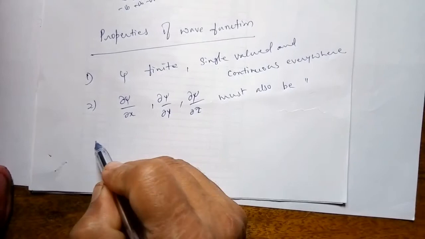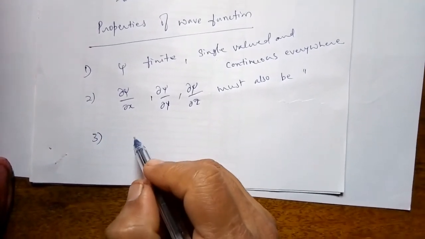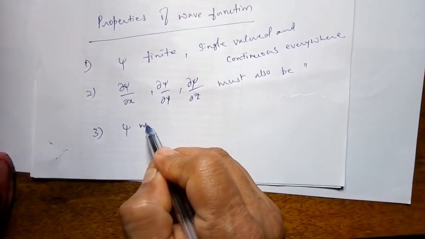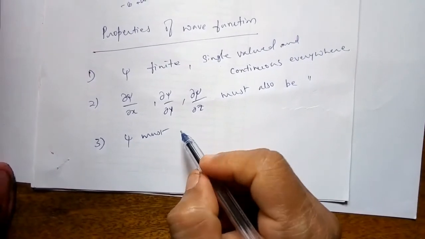And finally, the third property: psi must be normalizable.